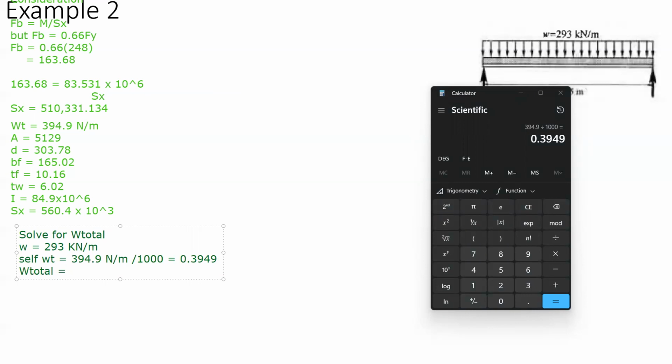And to get the total weight, this is just 293 plus 0.3949. This would be 293.3949 kilonewton per meter. And then, same again. Let's solve for the FB actual.